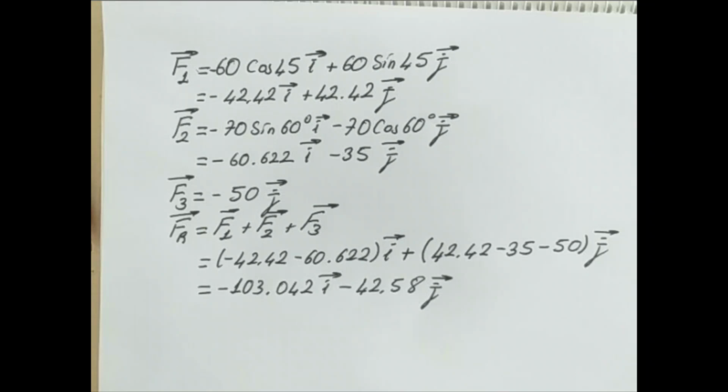So this is the resultant force. We are asked for the magnitude of the resultant force and its direction from the positive x-axis. Now we can calculate the magnitude of the resultant force, of course.